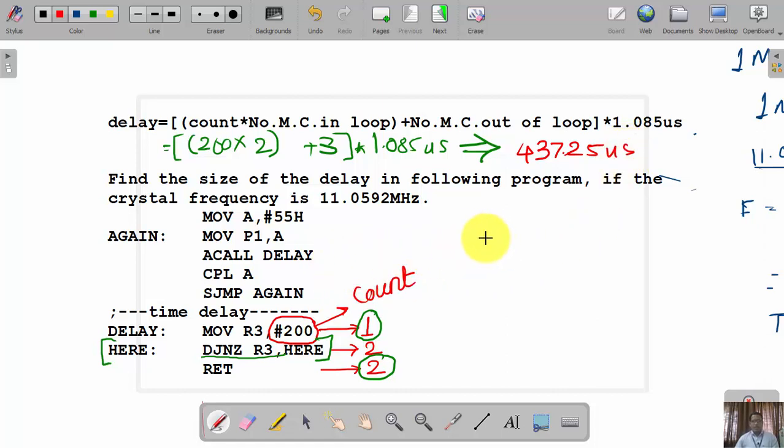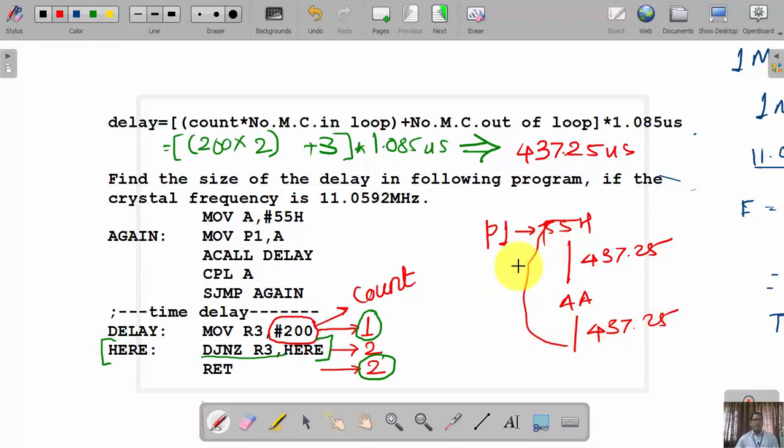So now what is happening here? P1 is going to hold the value 55H for 437.25 microsecond. It is changed to AAH again for 437.25 microsecond, and again the loop is repeated. In this way, this simple program is going to introduce a delay.